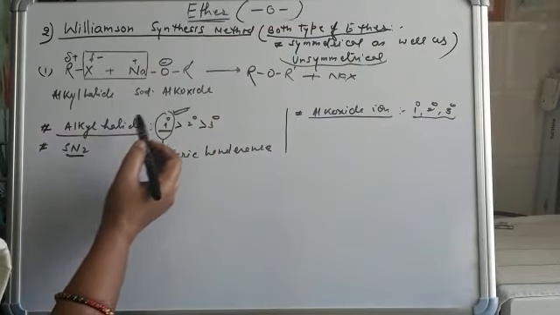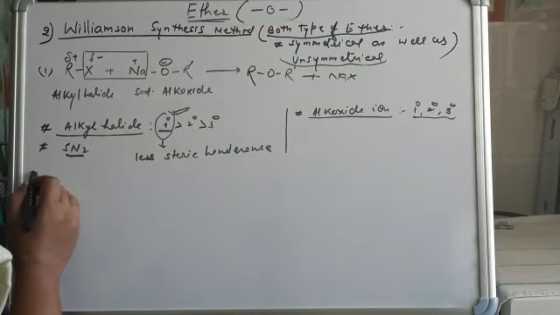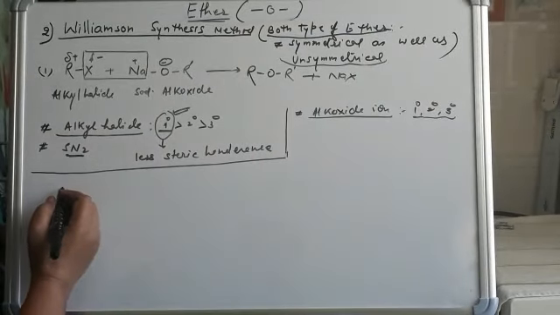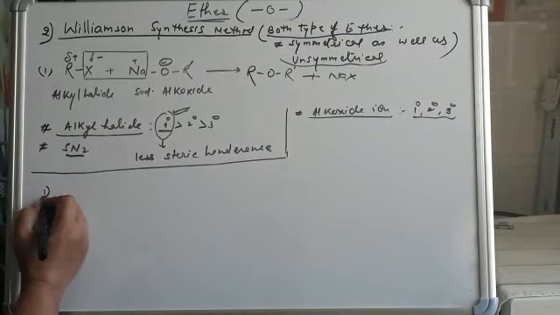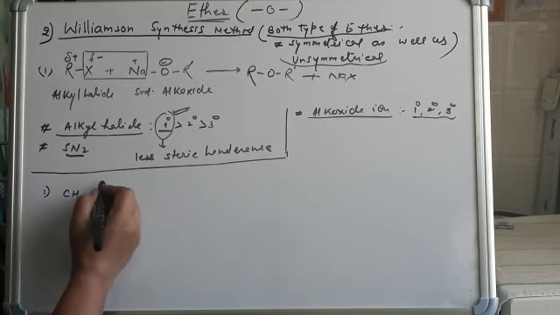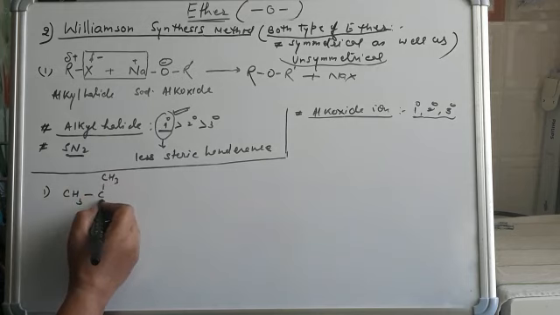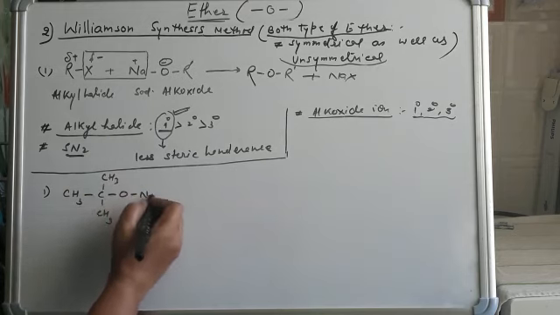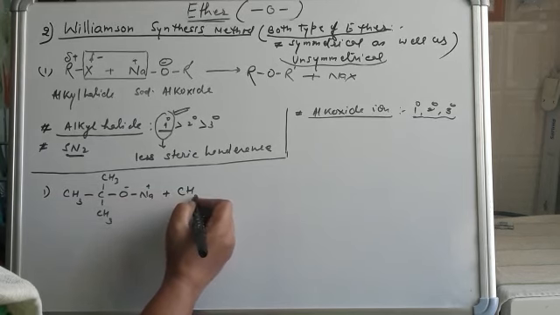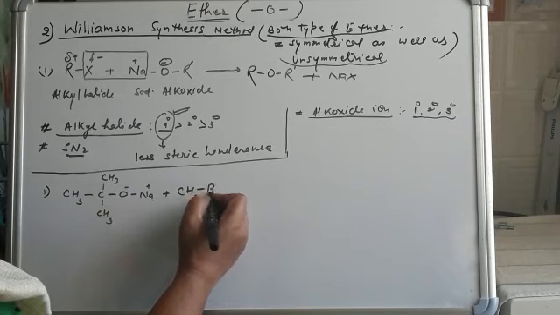But the alkyl halide must be 1 degree. So, see the example. At first, 3 degree alkoxide ion with 1 degree alkyl halide.